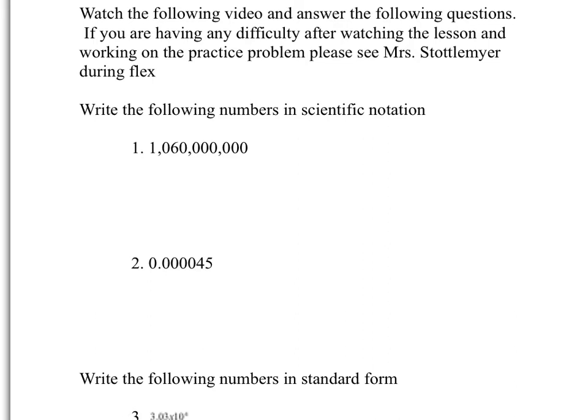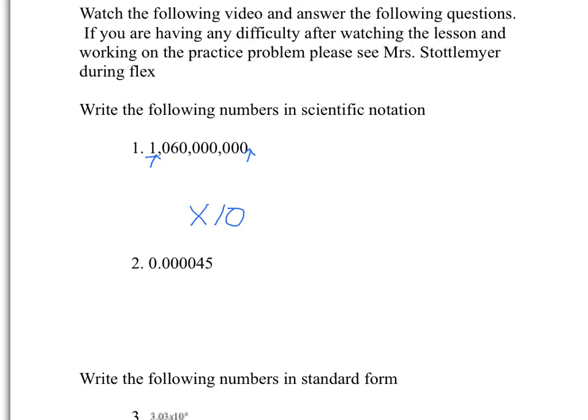So in problem 1, right now our decimal point is behind this last 0. I want to move it up here between the 1 and the 0, because the 1 would allow me to have one number in front of the decimal point. It is always times 10, because every time we move a place value, we're actually multiplying by 10.